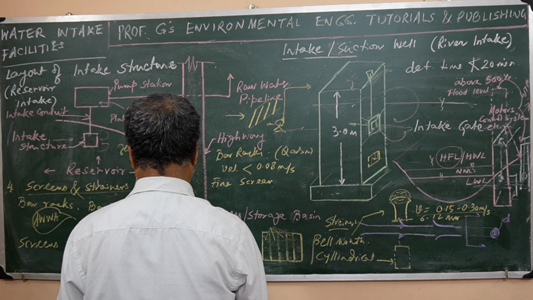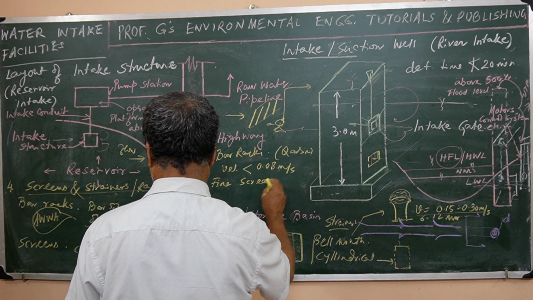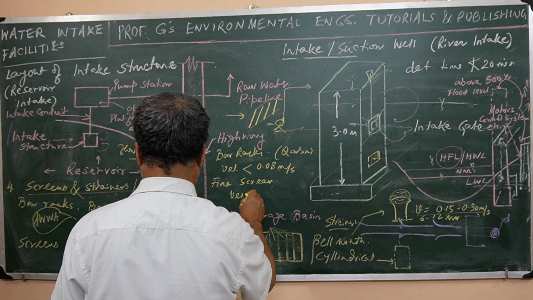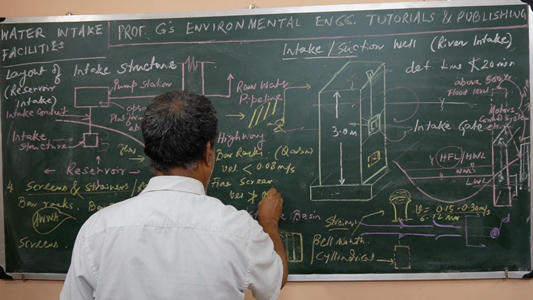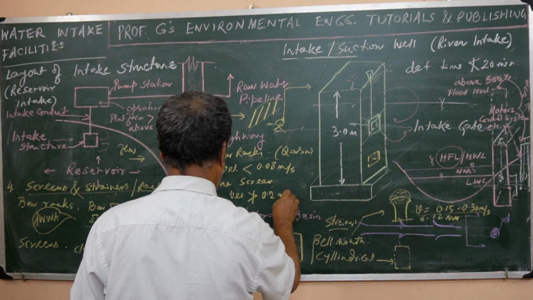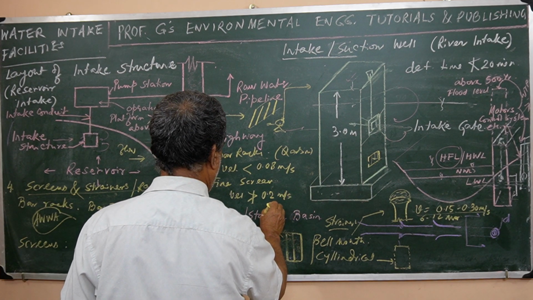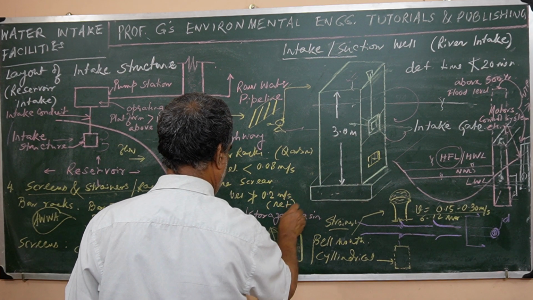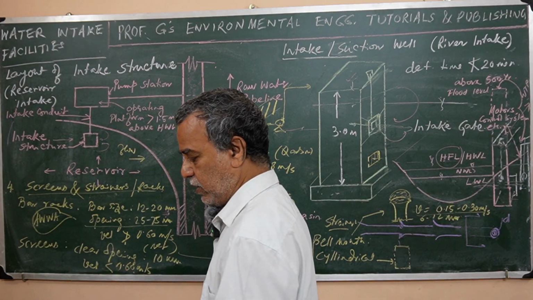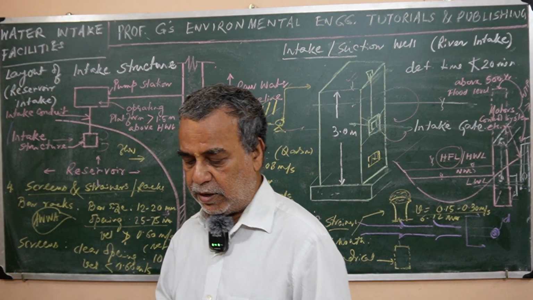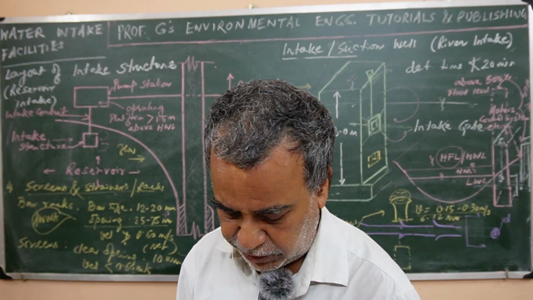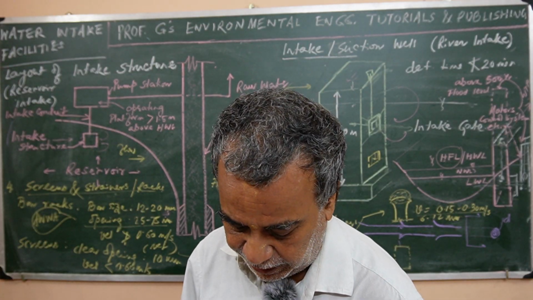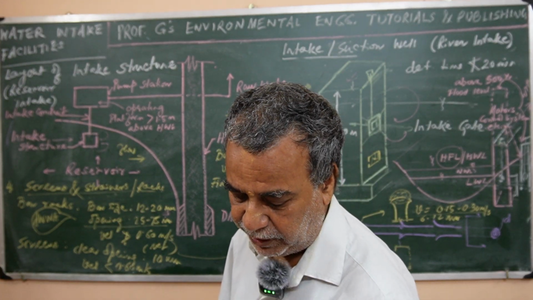So for the fine screen, the velocity should not exceed 0.2 meter per second based on the net open area also. That means what you calculate, that actually will be net open area, that means the effective area or opening area.